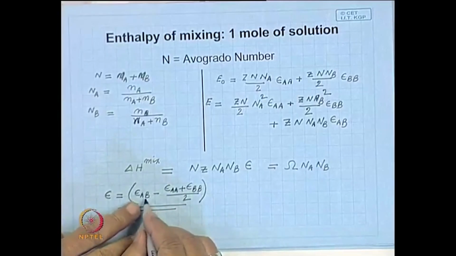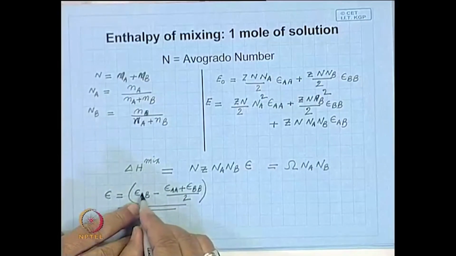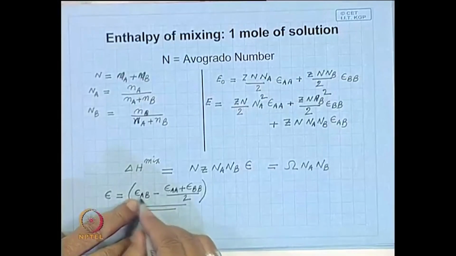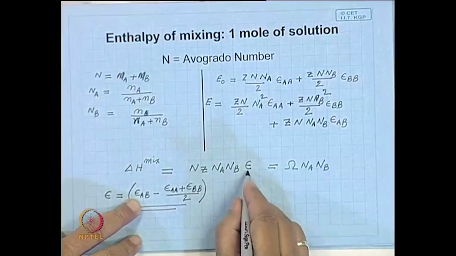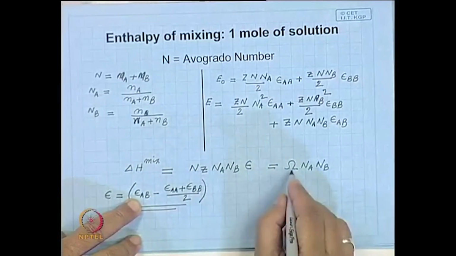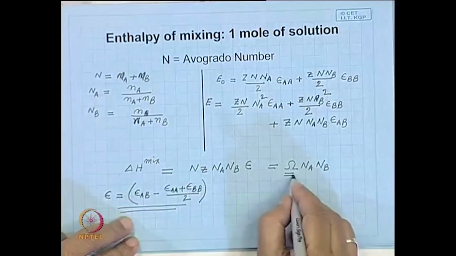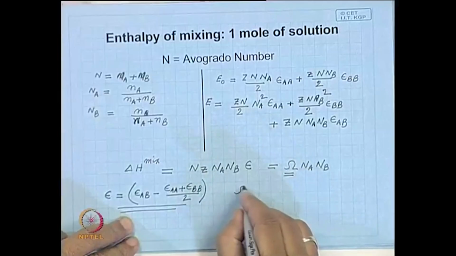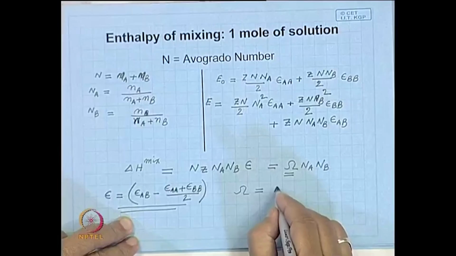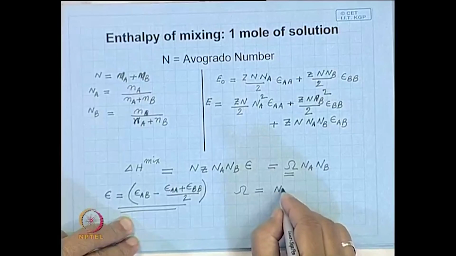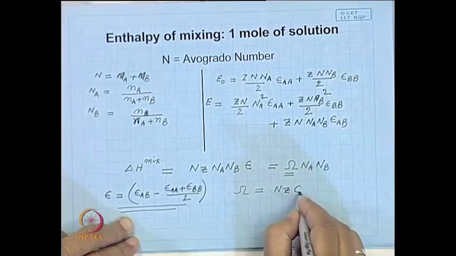If the tendency of ordering is more, so if the AB bond is favored over the others, then epsilon is positive. In that case, omega is equal to n z epsilon.